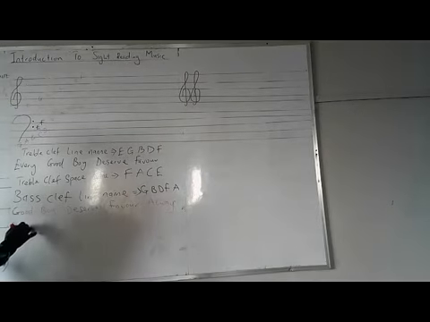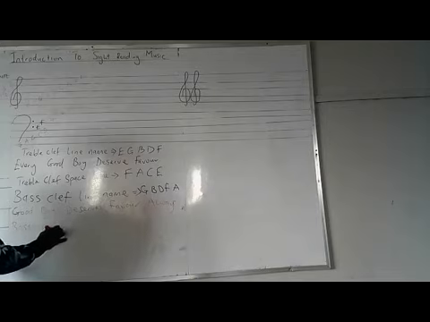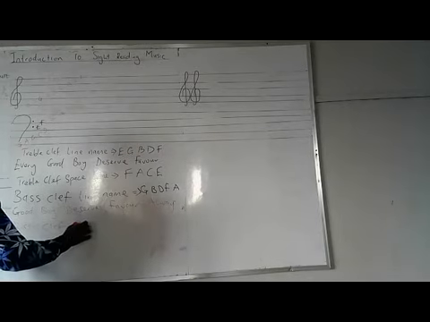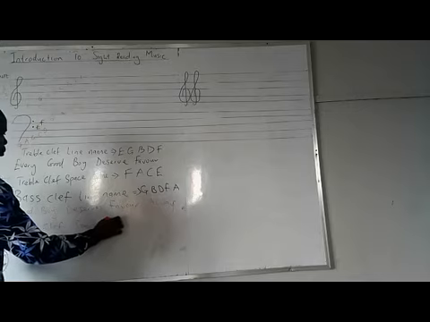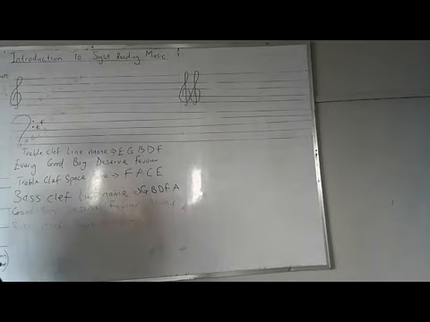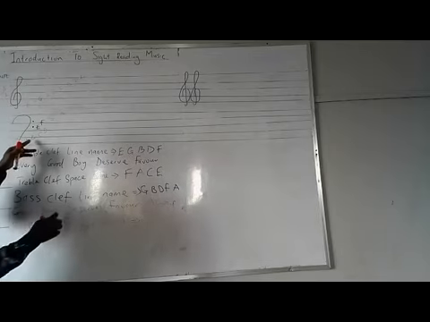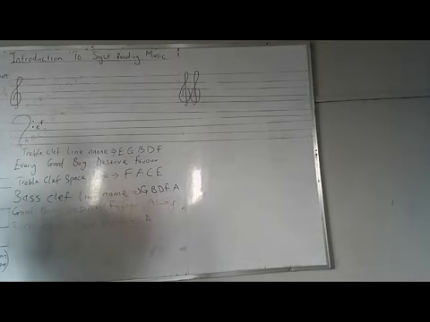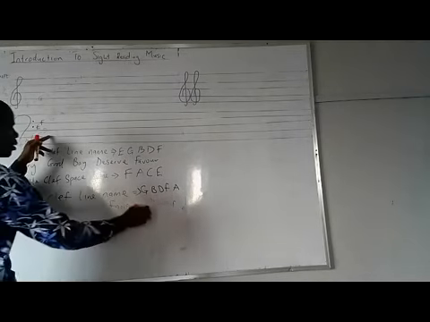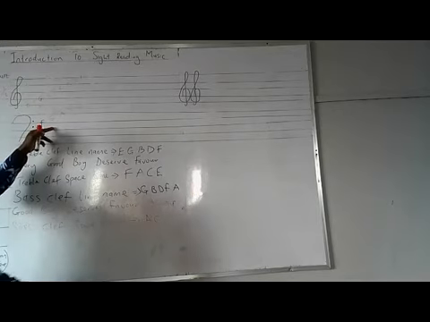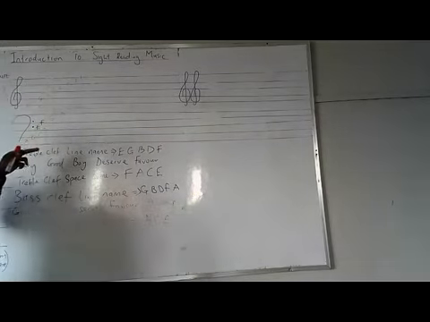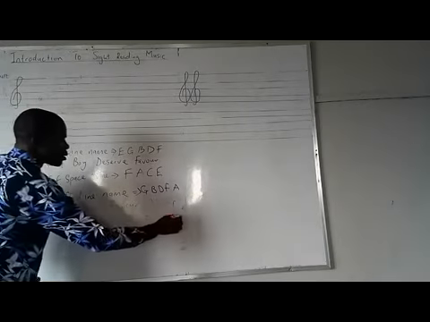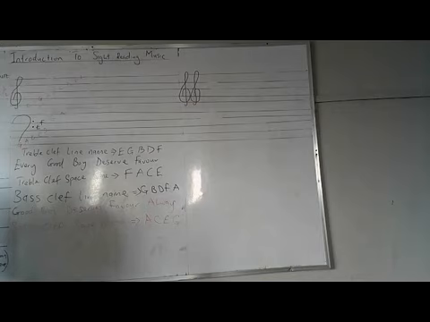Now for the bass clef space names. So you have A. What's the name of the second space? C. The third space, E. And the fourth space is G. So what is the acronym you can use?